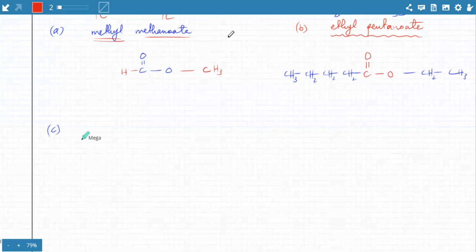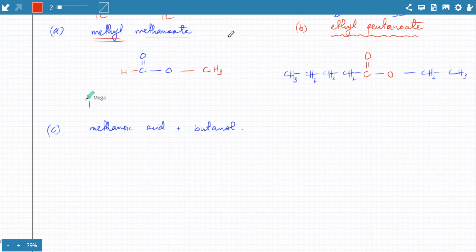So now do one thing: do the naming also, and first name, then draw. So I'm writing questions. Methanoic acid plus butanol. First draw this, and once you are done with the drawing, try and name this. You draw and name. Both things need to be done.